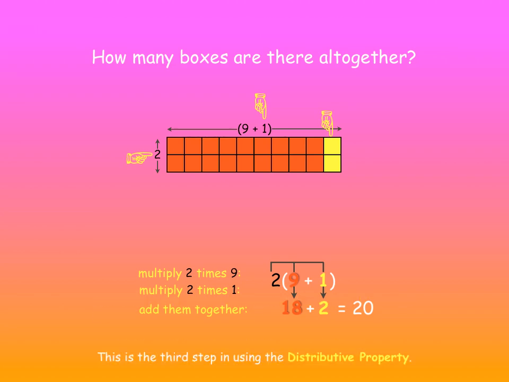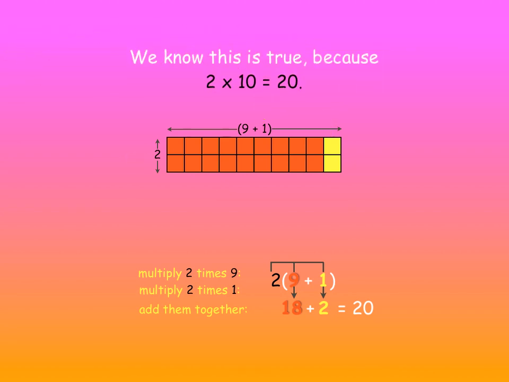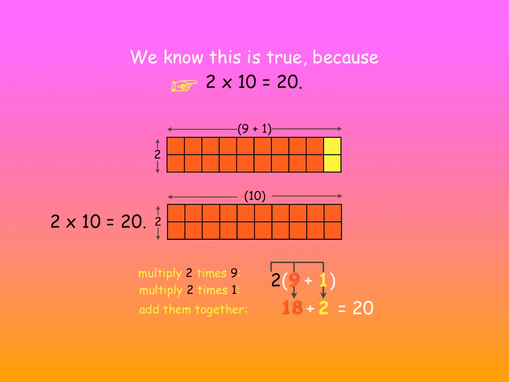And that's the third step in using the distributive property. We know that this is true because 2 times 10 is 20. That's something we already know. And there's a picture of 2 times 10, same as 2 times 9 plus 1.